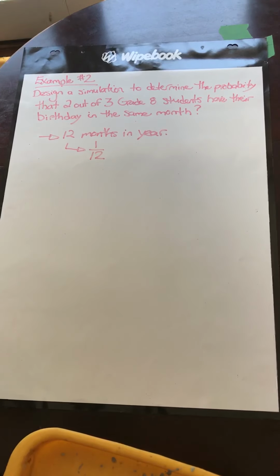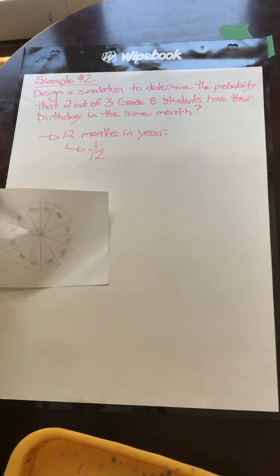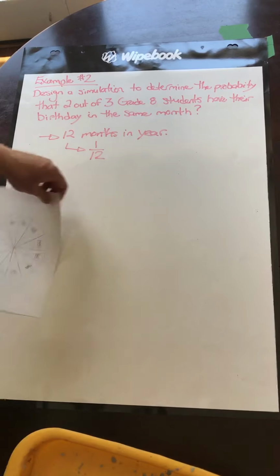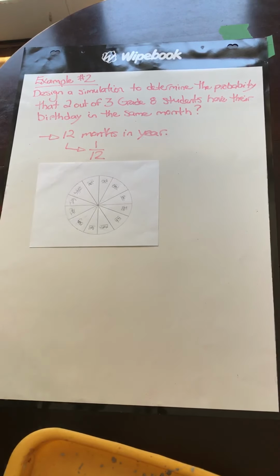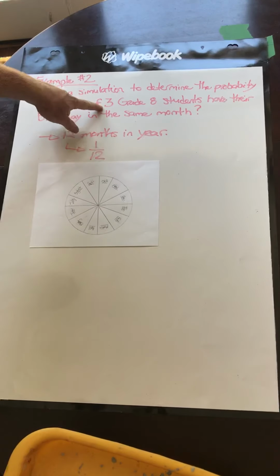So we have to think about this. What can we do to have something that has 12 equally likely outcomes? Well, probably the easiest thing is to have a spinner divided into 12 equal sections. And so to conduct the experiment, for each simulation, we're going to have to spin the spinner 3 times, once for each of the students.